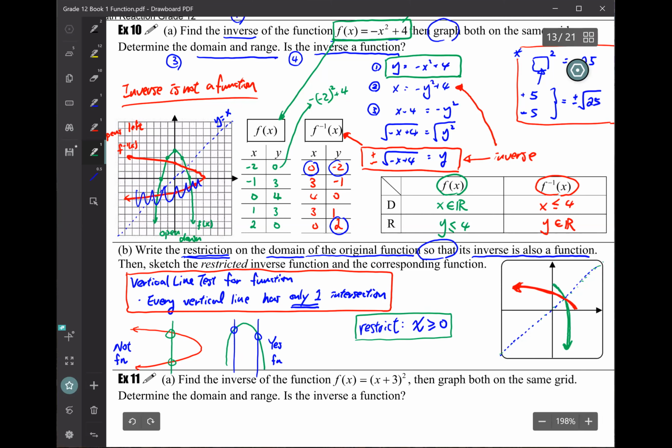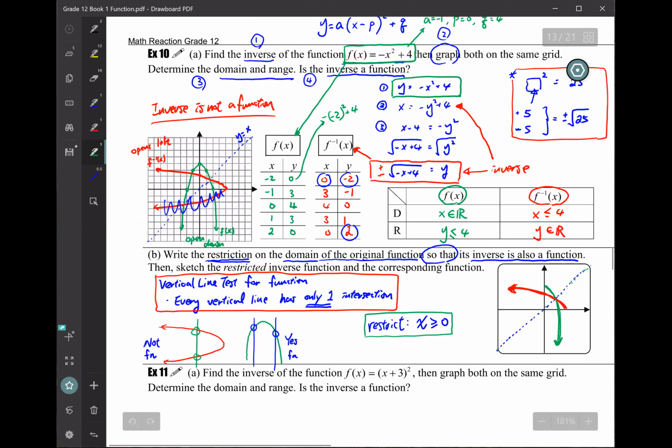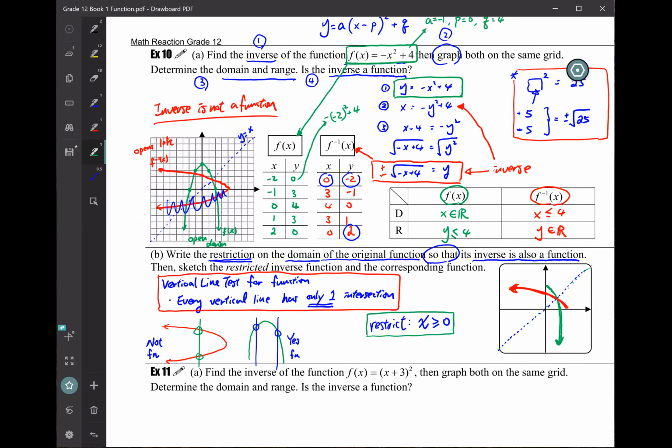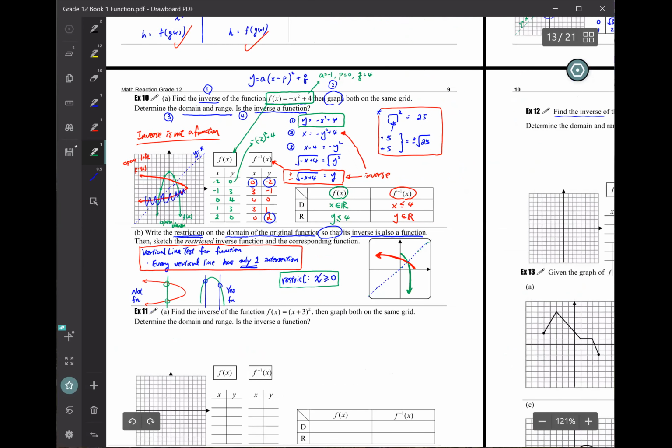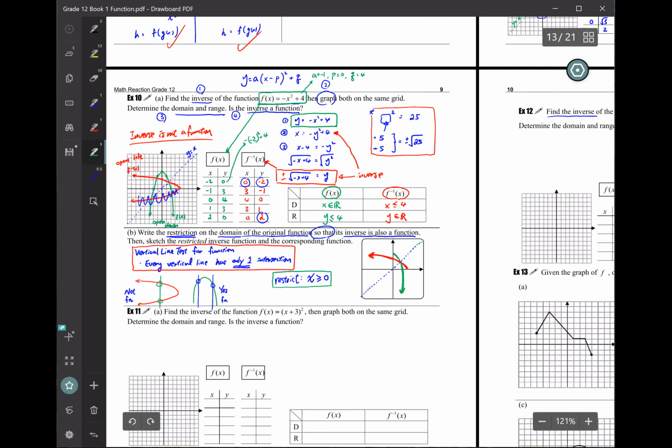So we look at the graph for the green, because it's on the right side, and we say x is greater or equal to 0. Got it? Okay. So if we keep the right side, then the inverse will become a function. Okay, if you choose the other one, let's say you choose the lower half, it will look like that.